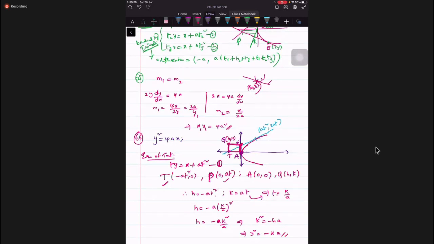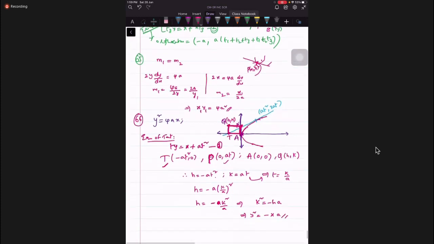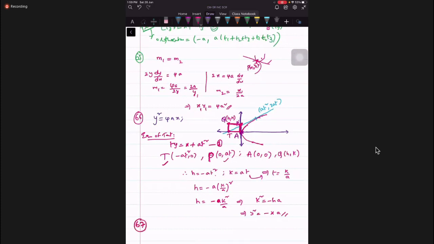Is it question 67? Okay, 67: if the tangents of a parabola make complementary angles with the axis. I have drawn one tangent at a point, students, and what is its slope?